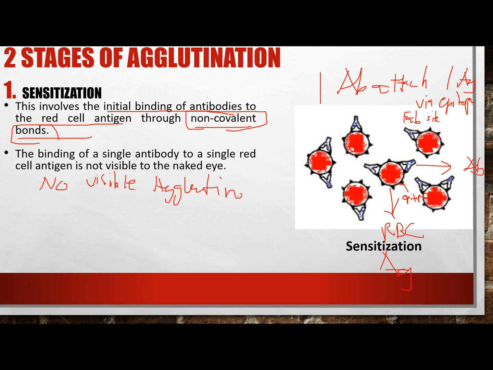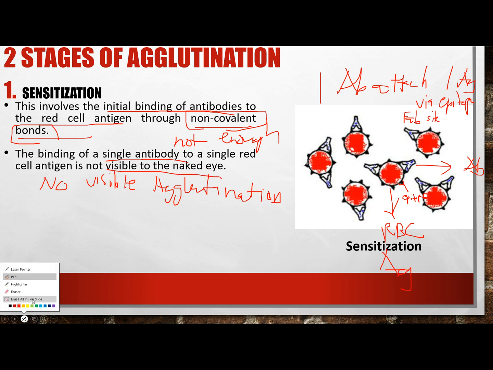The reason for that, class, is because a single antibody is not enough for agglutination to be visible to the naked eye. So please remember that. Again, a single antibody to antigen reaction is not enough to produce a visible agglutination.